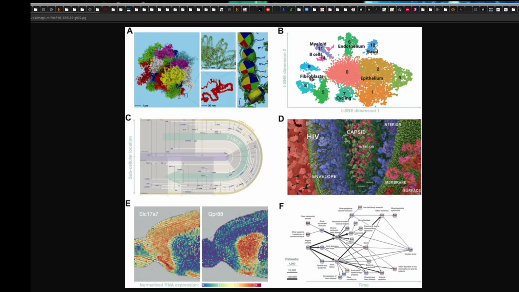Stickels, R.R., Murray, E., Kumar, P., Li, J., Marshall, J.L., Di Bella, D.J., et al., 2020. Highly sensitive spatial transcriptomics at near-cellular resolution with Slide-seqV2. Nat Biotechnol 39, 313-319. DOI 10.1038/s41587-020-0739-1. PubMed Abstract, CrossRef Full Text, Google Scholar.